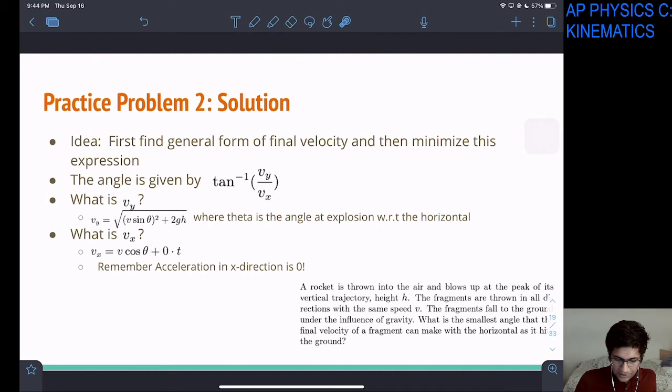So what is our final velocity, just like in general? Well, our final velocity is going to be a vector, v. And what is the angle? The angle is over here. Now, remember we said that we can decompose the vector, right?